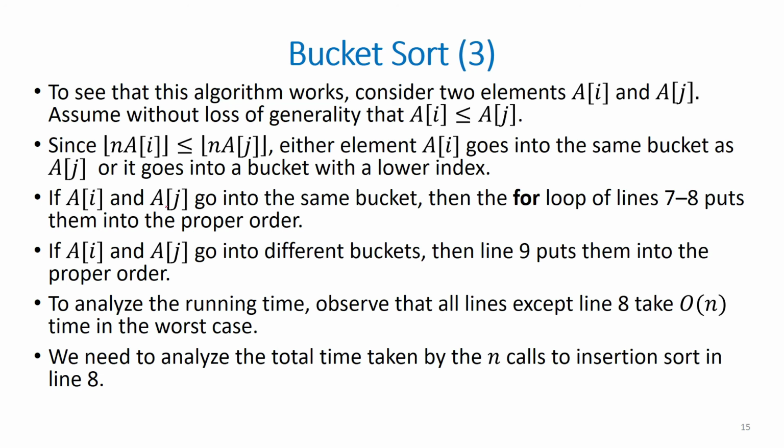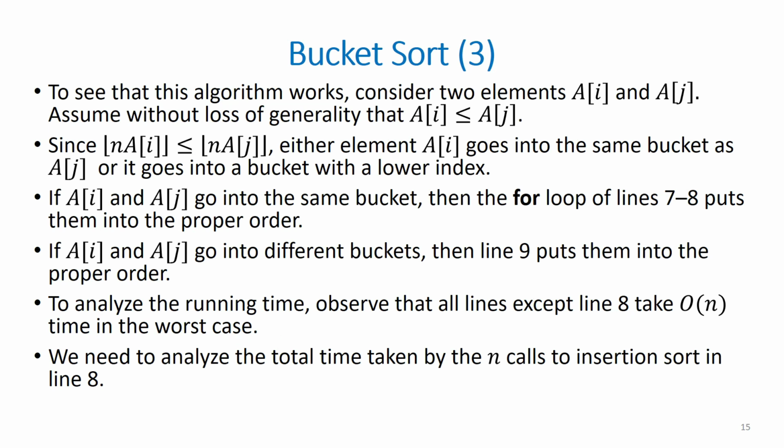Now, if both of them are in the same bucket, then according to the for loop on line 7, they will be put in the right order. But if they are in different buckets, then line 9, which is a concatenation operation, puts them in the proper order. So we observe that all the lines except for line 8 would take O(n) amount of time in the worst case. Line 8 is the insertion sort.